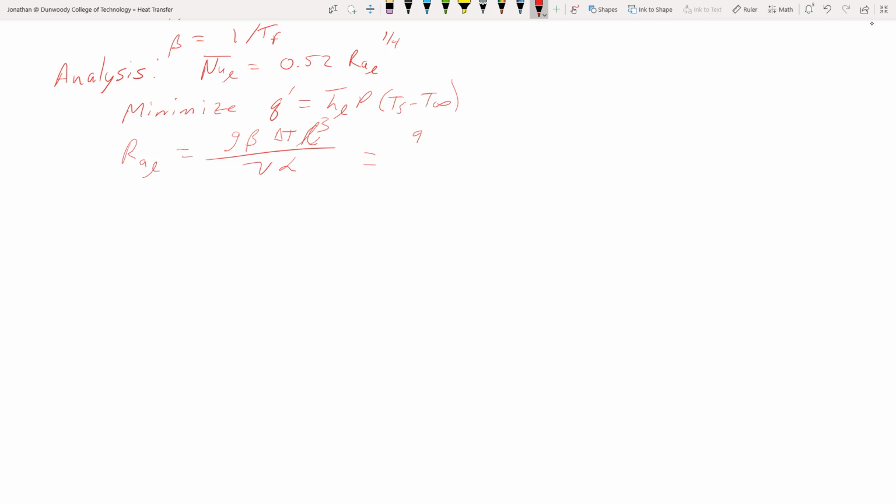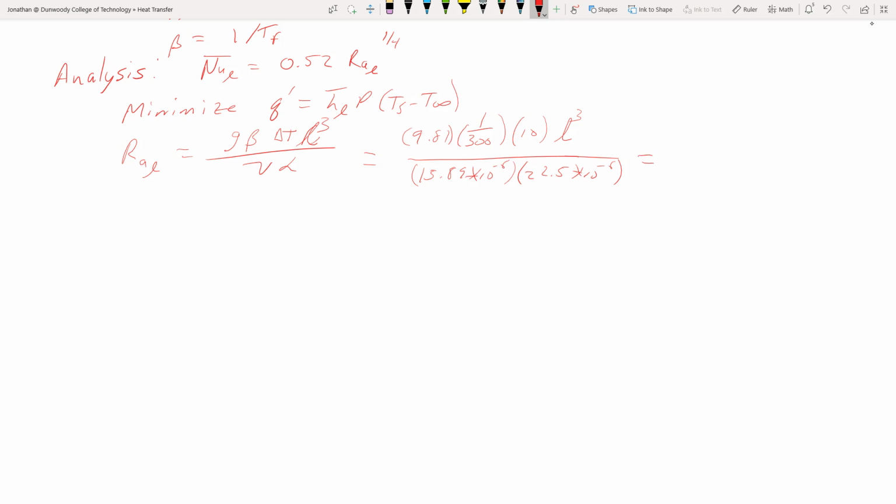So we get 9.81 times 1 over 300 times 10 Kelvin times L cubed. That's going to be meters cubed. And then over 15.89 times 10 to the negative 6, times 22.5 times 10 to the negative 6.